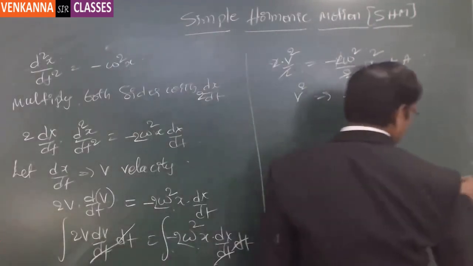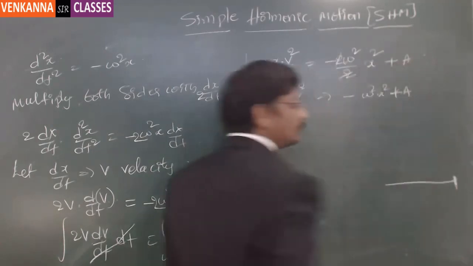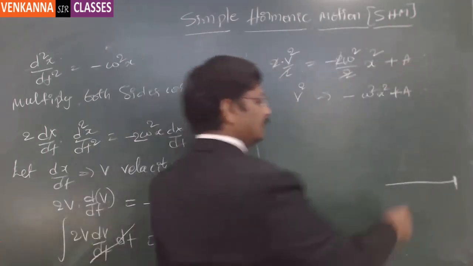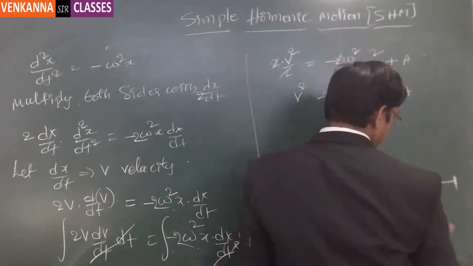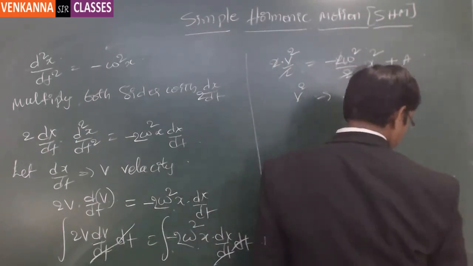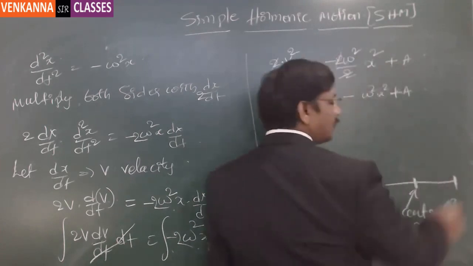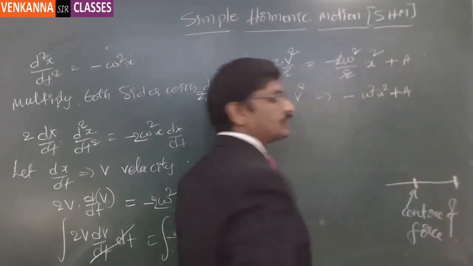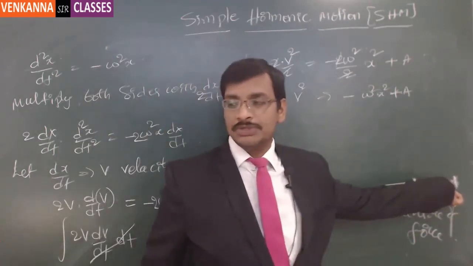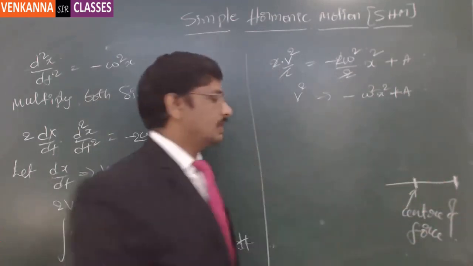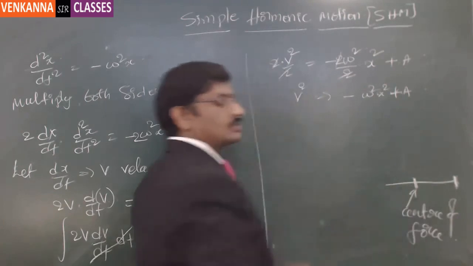Those initial conditions are, in the simple harmonic motion, let us say this is the center of the force. The particle starts from the extreme position, then only we start with the simple harmonic motion. So it started from the extreme position, and then it will try to move in this direction, which is the decreasing direction of x.